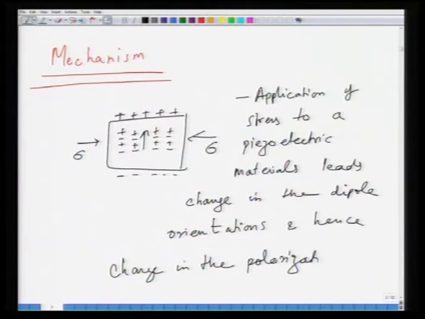You should not confuse piezoelectricity with only a surface effect. The effect of applied stress is felt inside the material, and as a result of changes occurring inside the material in terms of dipolar arrangement, you have the surface charge which is being developed.